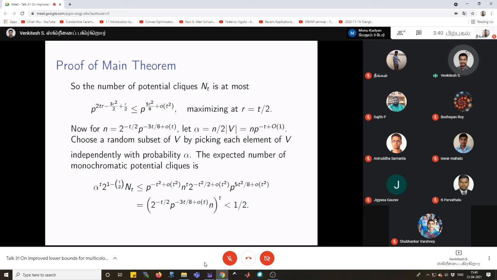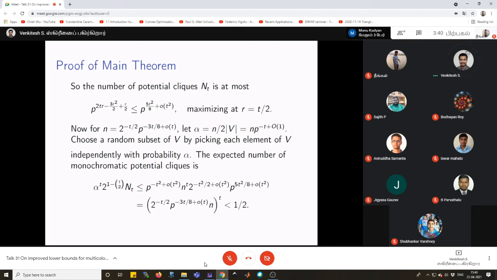Now once we have this random subset, what is the expected number of monochromatic potential cliques that we get? Let me quickly explain the first term here. Alpha to the t is the probability of getting a clique of size t.